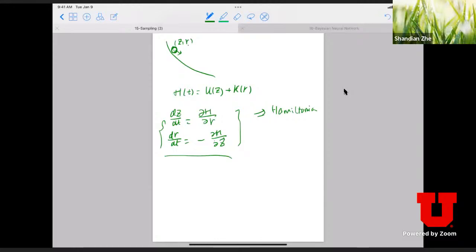So the most prominent property of the Hamiltonian system is that following this rule to evolve this ball, you guarantee that your energy doesn't change along with time, because the total derivative of the energy with respect to time t is simply zero. It's very easy to show that. And then how do we leverage or construct such a Hamiltonian system to help us generate sample proposals?